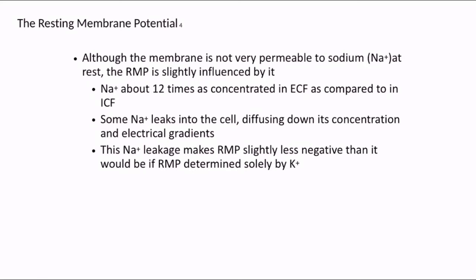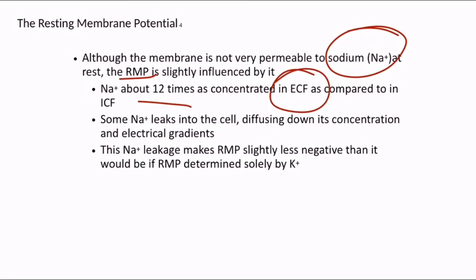So, membranes are not very permeable to some of these bigger ions, like sodium, right? So when we're at rest, the resting membrane potential is kind of influenced by it. Sodium is about 12 times as concentrated in the outside, the extracellular fluid, as compared to the inside.